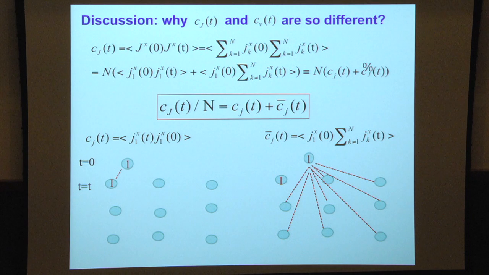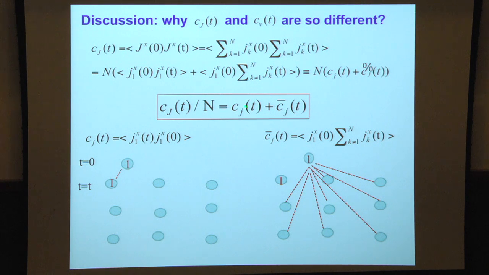I will try to explain the difference we found by calculating the autocorrelation function of the current fluctuations. You apply such a formula because this is the sum over all the particles. Then, by considering the homogeneity of the system, you obtain such an expression, which is n times these two terms, the first term and the second term.